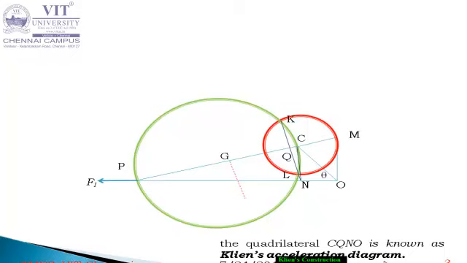Then join PZ. So this is our Z. Join PZ. At right angle, 90 degrees to this line, we have to make another line. It cuts the connecting rod line, and that point you take as D. This is the point where the second mass is concentrated.